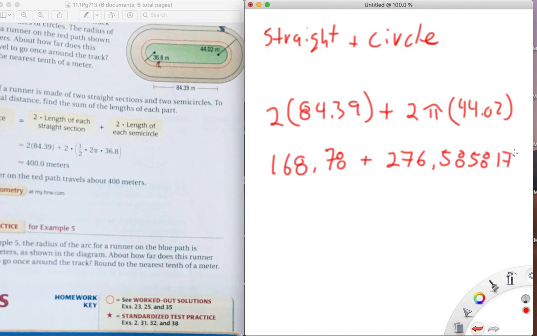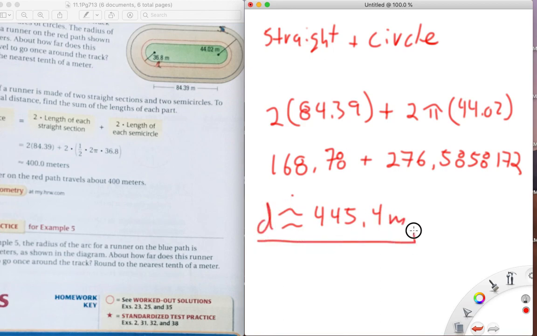I'm just going to write everything. And when I add those together, I get about 445. They wanted to round it to the nearest tenth? Yep. 445.4 meters. And that's going to be my distance around one track.